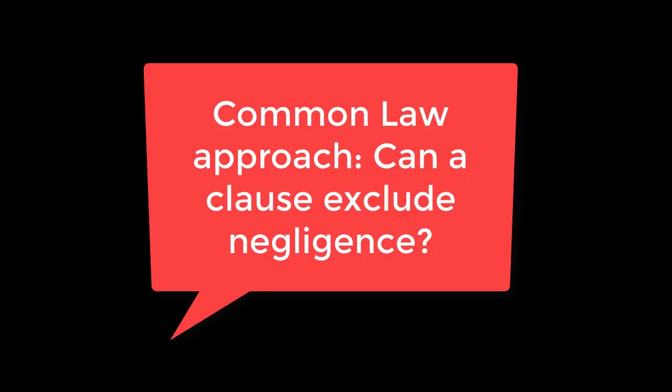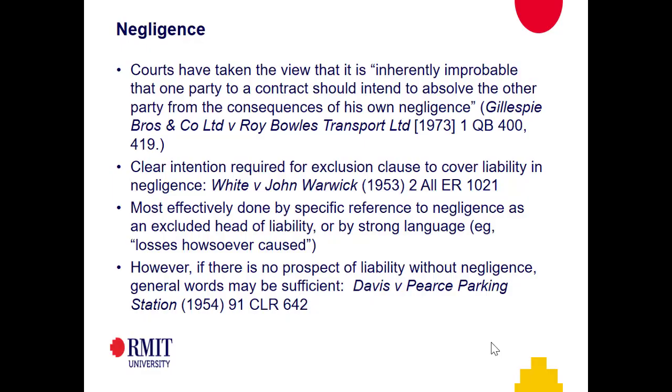What about negligence? Courts have on the whole taken the view that it's inherently improbable that one party to a contract should intend to absolve the other party from the consequences of his own negligence. But again, if you are very clear and unambiguous as to the terms, then it is possible to have an exclusion clause that does exactly that. We need to see a clear intention.